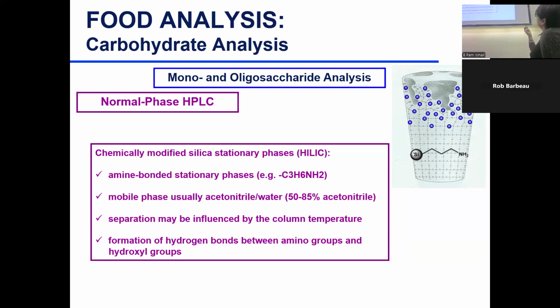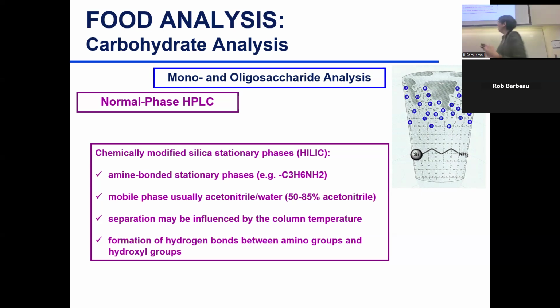So the amine group here, so this is your silica, and you have kind of an arm, a hydrocarbon arm, and an amine group. So your carbohydrates, mono-, di-, and oligosaccharides, are forming hydrogen bonds. So the OH groups of your sugars are forming hydrogen bonds with the amine.